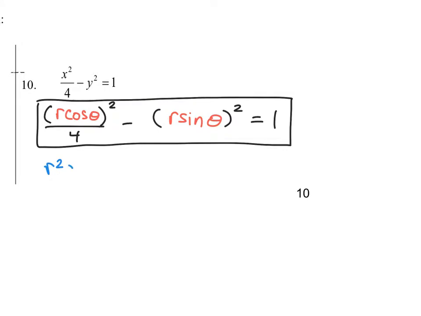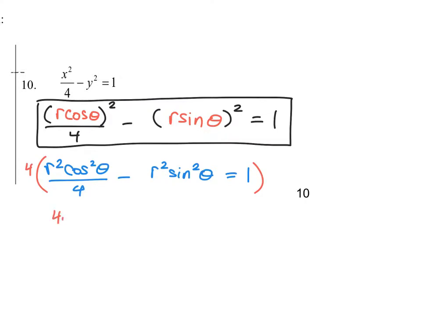So r squared cosine squared theta over 4 minus r squared sine squared theta is equal to 1. Now, we can get a common denominator, but my preference when it comes to fractional equations is to clear out the denominator. So I'm going to multiply through by 4.